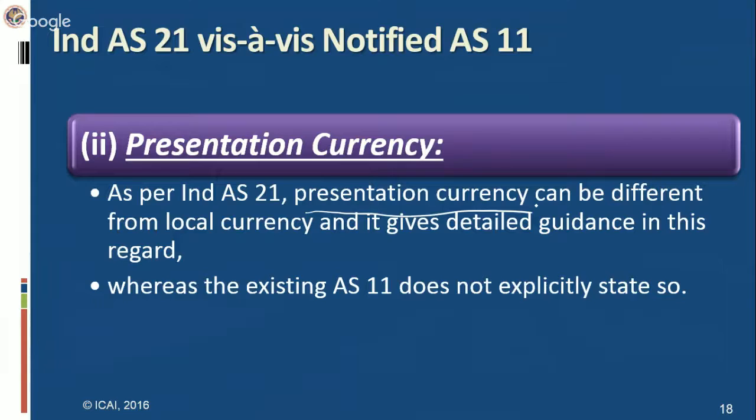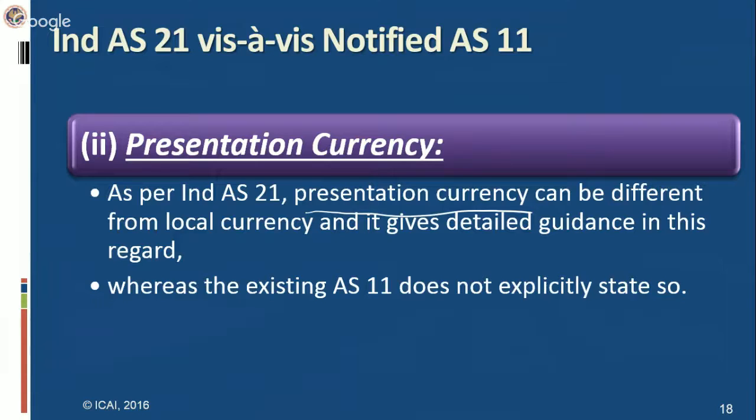It's a very general term. Specifically, it's the currency which we use for presentation of our financial statements. The currency in which the financial statements are presented is the presentation currency.